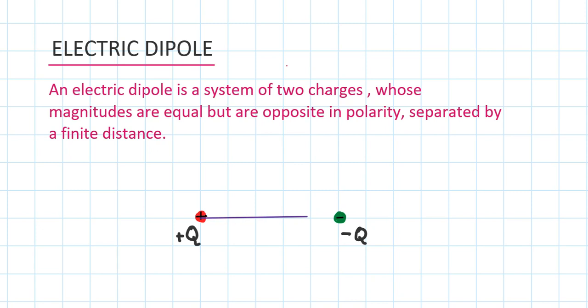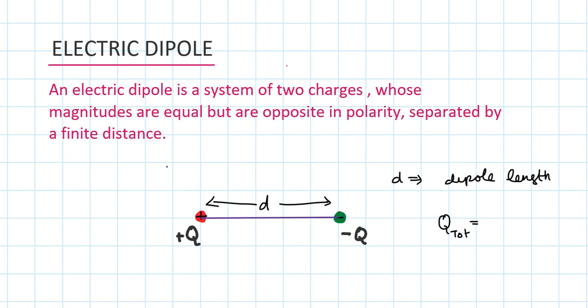The finite distance that separates them is known as the dipole length of the electric dipole. If an electric dipole is considered as a system, the total charge of the electric dipole will be plus q minus q, which is 0 coulomb.